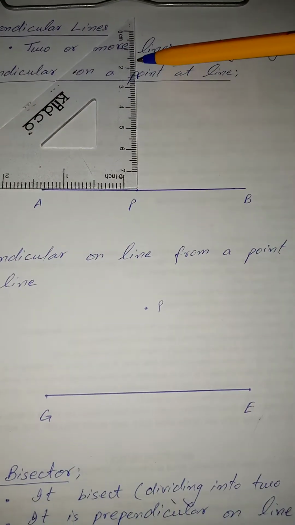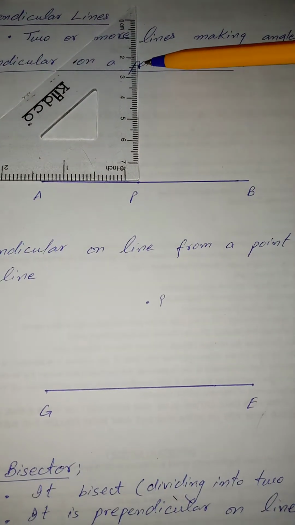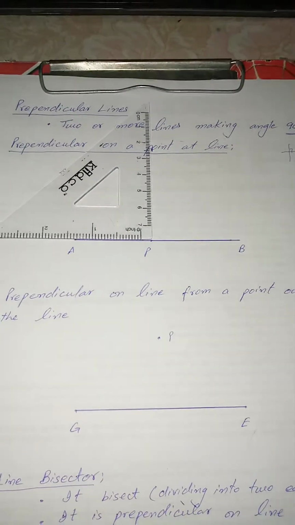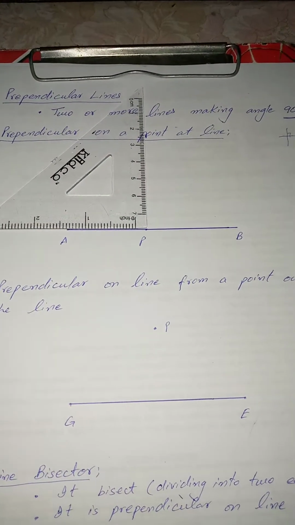And now if we draw the line here, then this line would also be at 90 degrees and it will be called a perpendicular line.